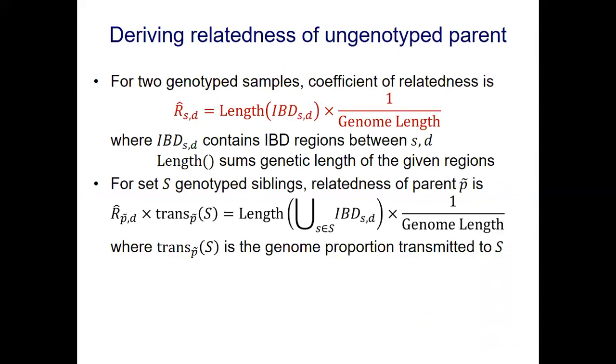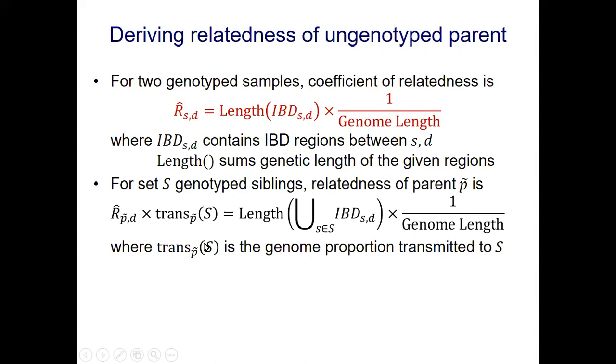But if we had some set of siblings, S, we could infer the coefficient of relatedness between their ungenotyped parent, P tilde, and some distant relative, D, that we have genotype data for, by taking the union of the IBD regions shared between each sibling and D, and again dividing by the genome length.